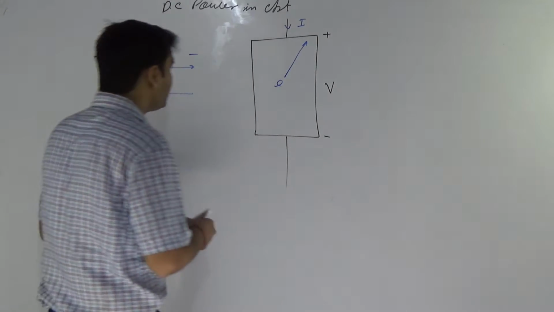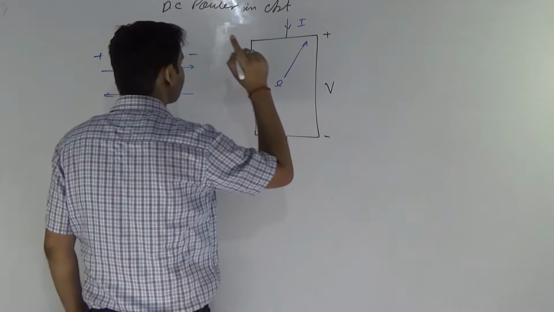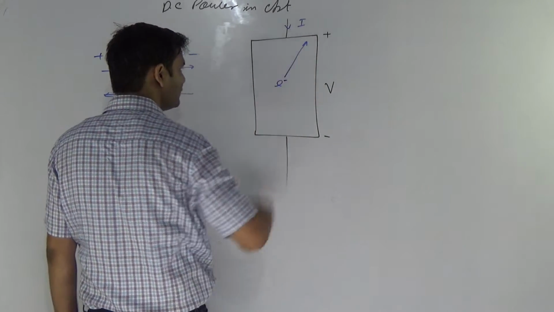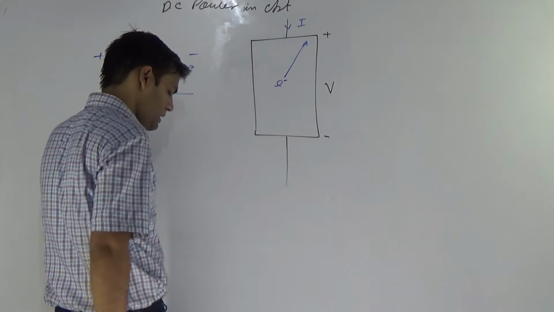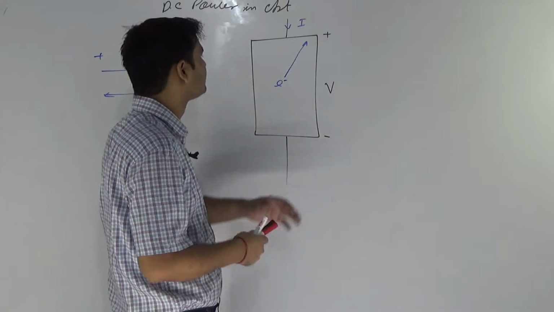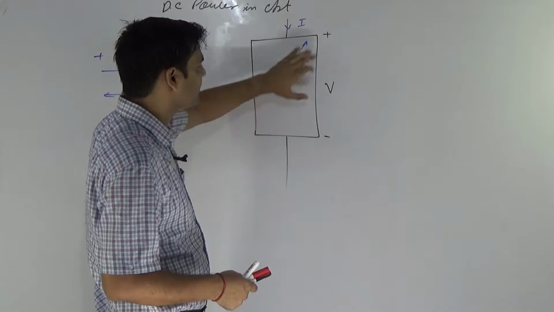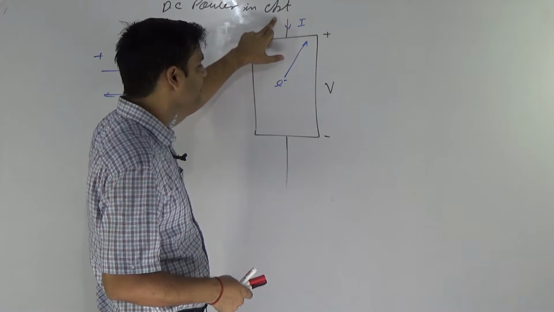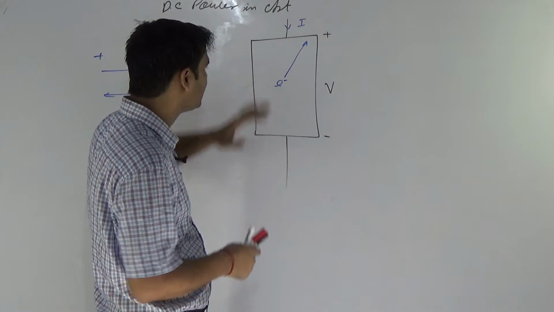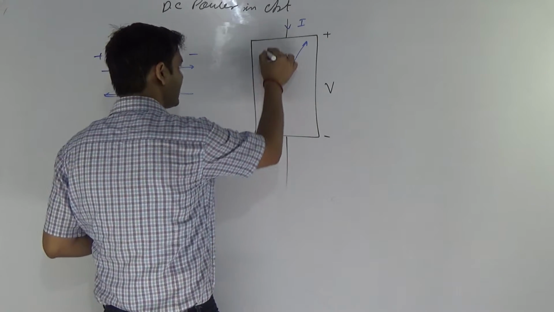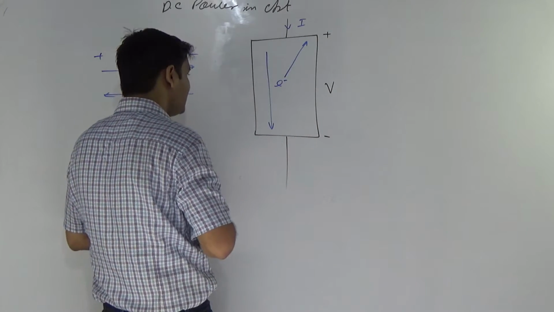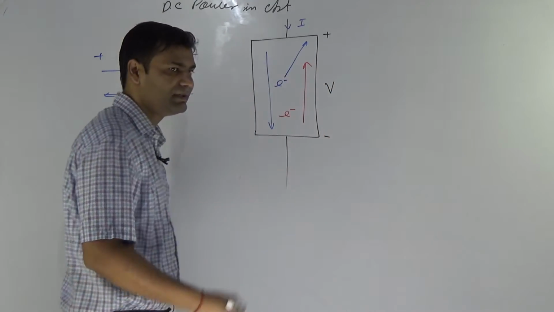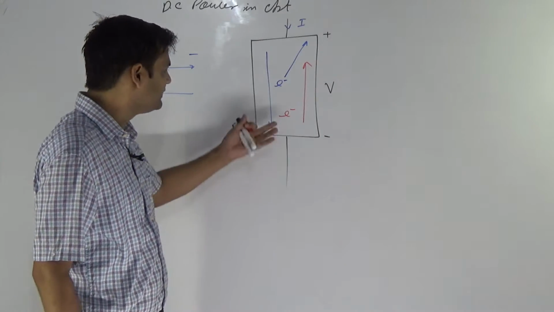Now this is the electron. The natural tendency of the electron is to flow to the positive terminal. According to this current, the electron flows from minus to plus. It is a natural tendency.